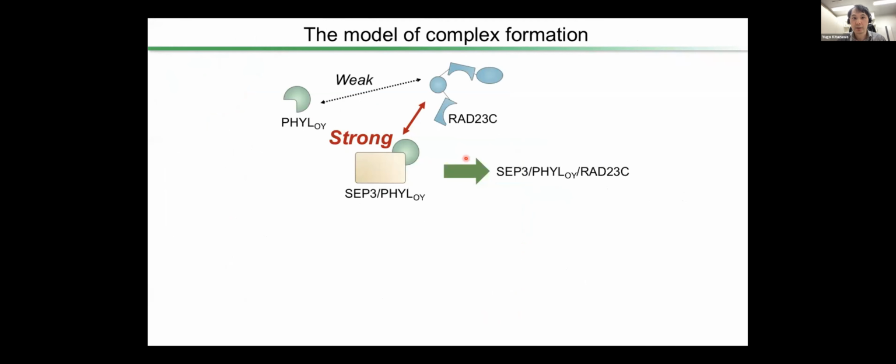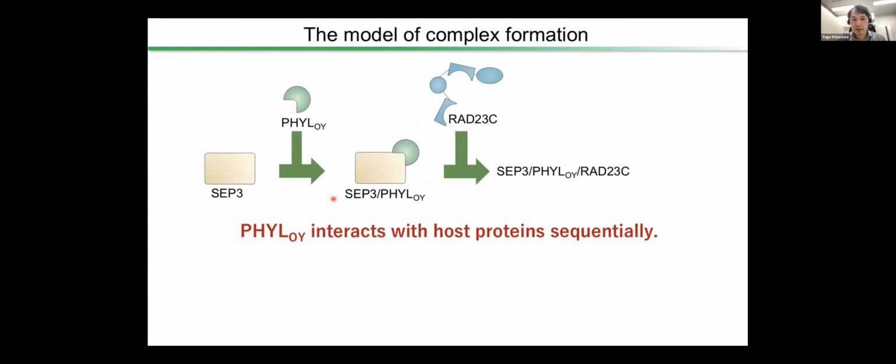From this result, we speculated a model of protein complex formation. We detected the ternary protein complex, and RAD23C interacts with PHYL1-OY weakly, but strongly with the SEP3-PHYL1-OY complex. This indicates that PHYL1-OY interacts with host proteins sequentially, that is, first with SEP3, and then RAD23C.